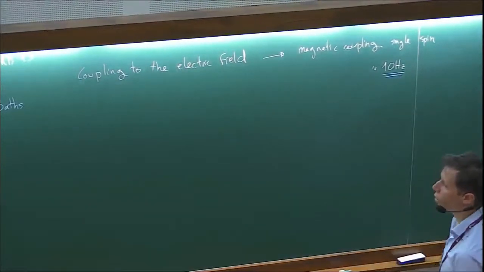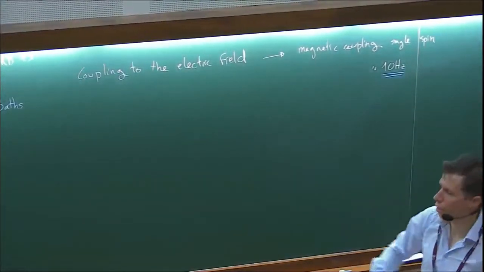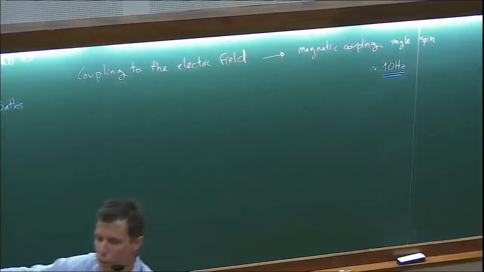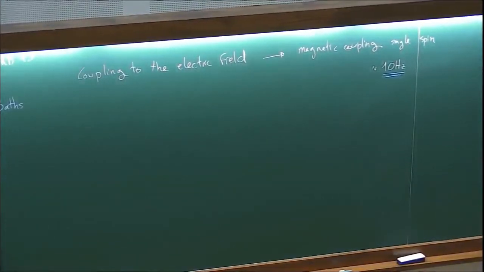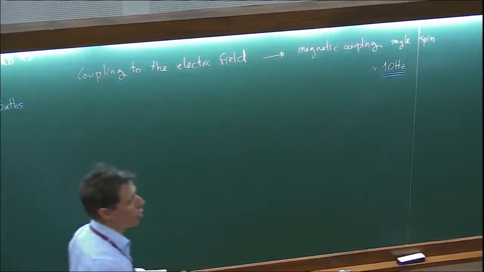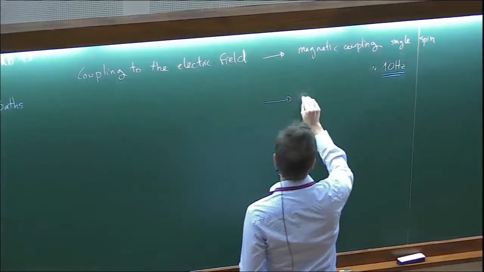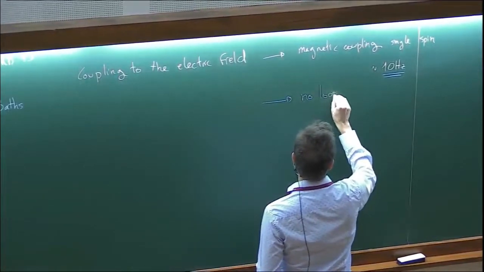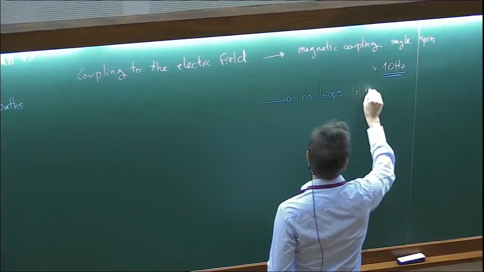Whereas what you will see is that the electric coupling will be in the range of megahertz, several tens of megahertz. And of course, I assume that I have no loops in the circuit.